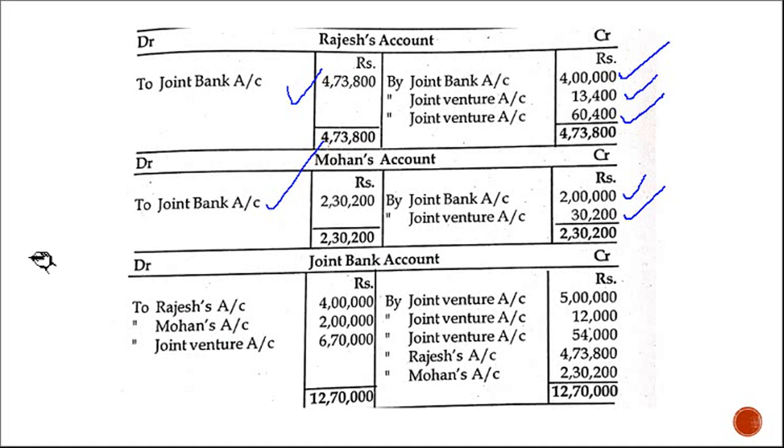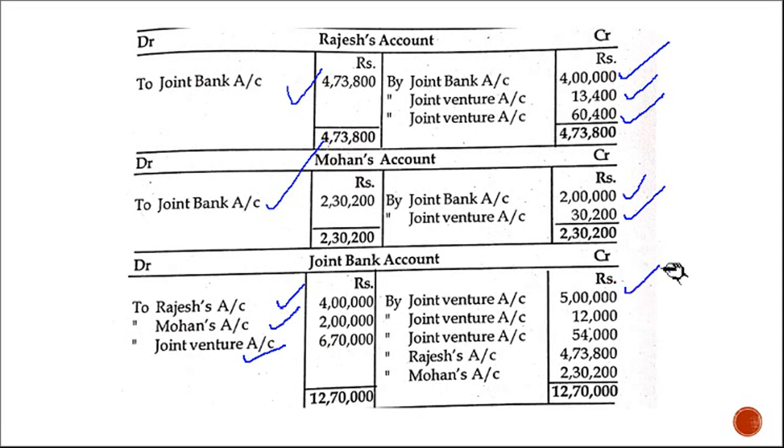Next comes the joint bank account. So this is the receipt side, the credit side is the payment side. On the receipt side, what cash receipts are there? Cash receipts: Rajesh's capital 4 lakh, Mohan's capital 2 lakh, and joint venture sale price 6 lakh 70,000. These are the cash received. What are the payments made?